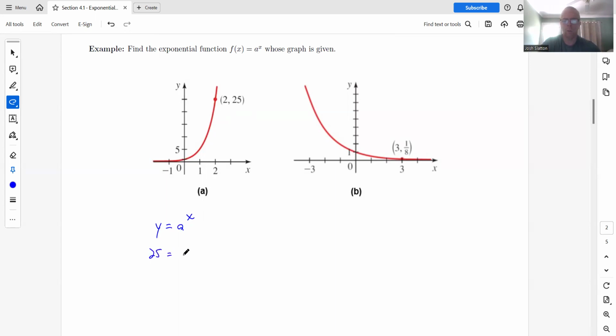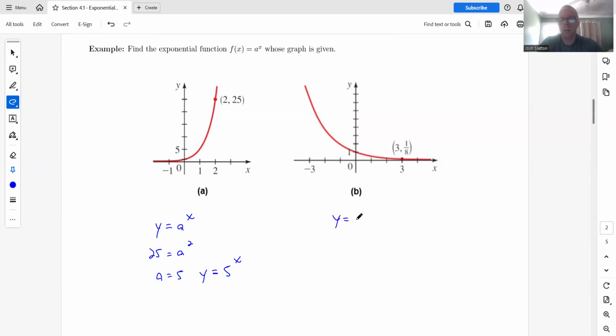So really we just need 1 point, since there's no coefficient up here. So 25 equals a squared. We know that a has to be positive, so that means that a equals 5. And so we have y equals 5 to the x. And that is the first one.